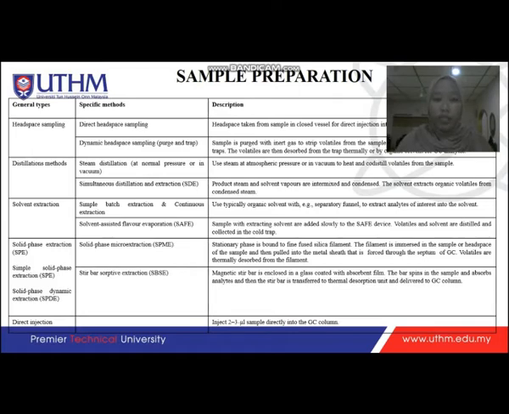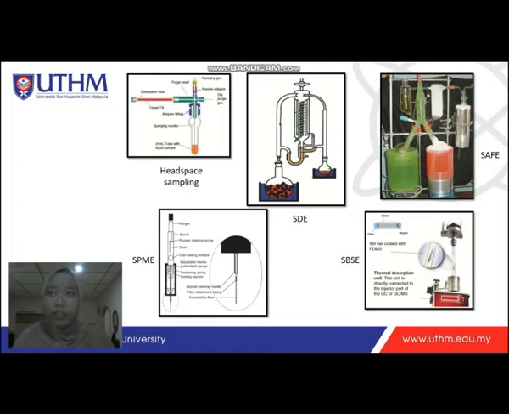And then the last method is direct injection, which injects 2 to 3 microliters of sample directly into the GC column for sample preparation. So these are the devices for the methods of sample preparation that I explained before. This is for headspace sampling, this for SDE, SAFE, SPME, and SPSE. So thank you.